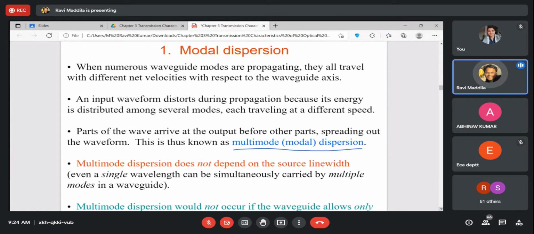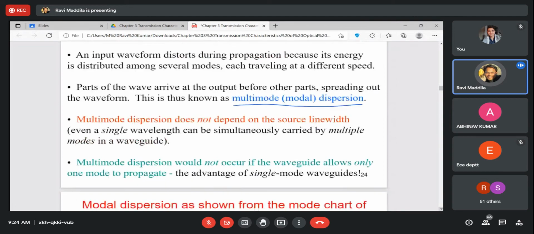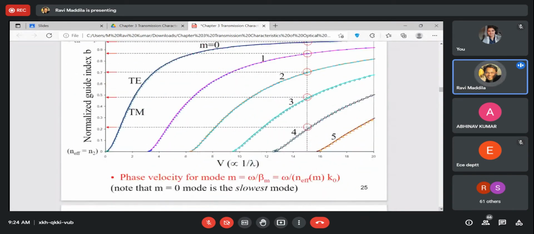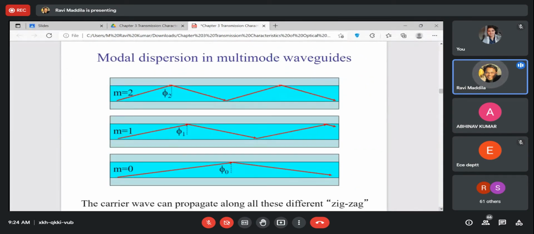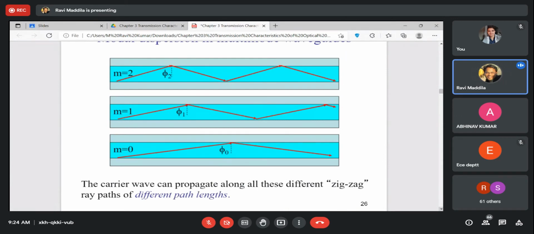So modal dispersion, as I've already mentioned to you, is more common in multimode fibers. I think there should be a figure which explains this. Yeah, so this shows how multiple modes can propagate in an optical fiber.